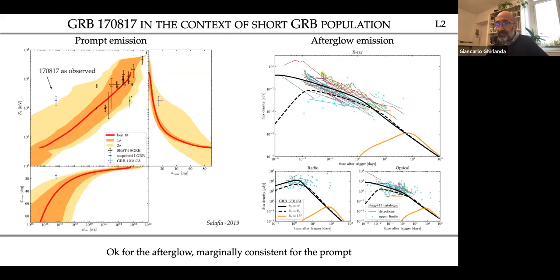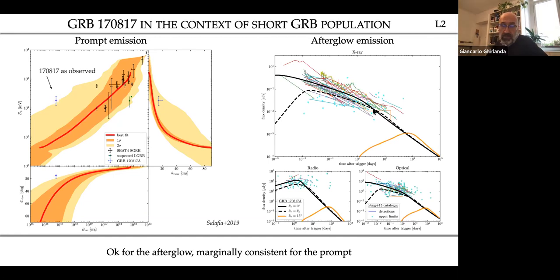Intuitively, this is understood from the fact that the light curve, as you see, for all these bursts is decaying as a function of time, as expected for an afterglow seen within its opening angle.